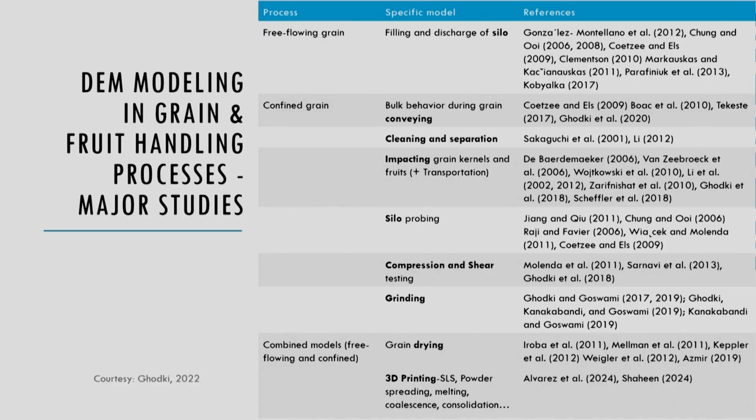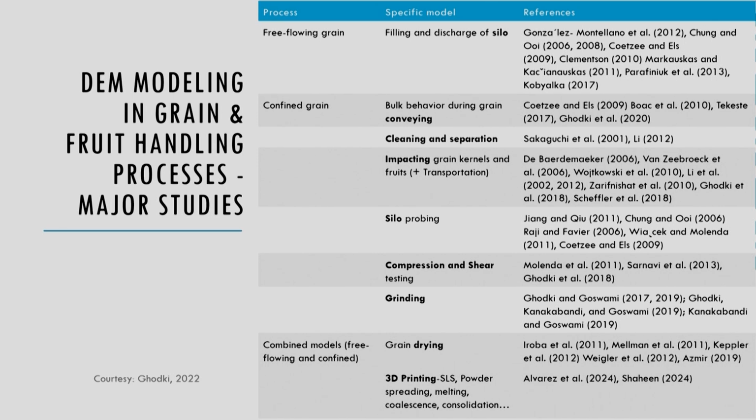In this slide, you can see DEM modeling in grain and fruit handling, an overview of processes. I defined this in two forms. Free flowing grains, where the example is filling and discharge of the silo, and there are n number of researchers who did work on it. Likewise, in the confined grain, conveying can be done, and cleaning and separation is one.